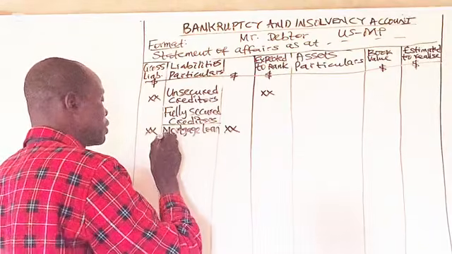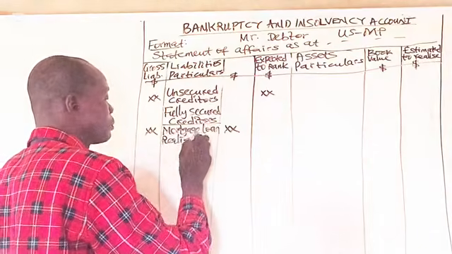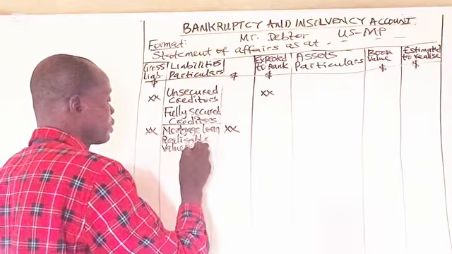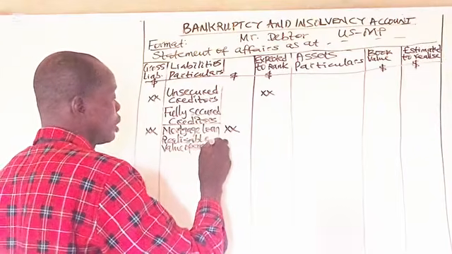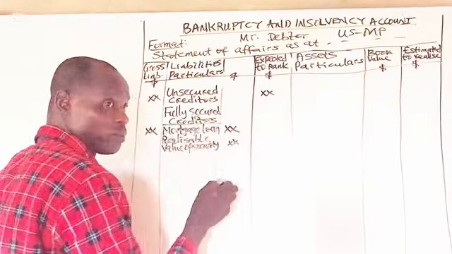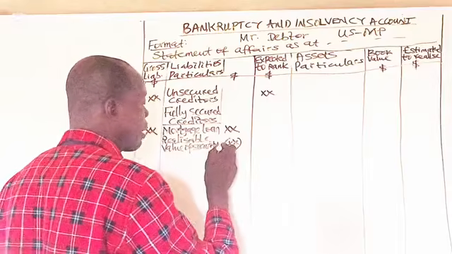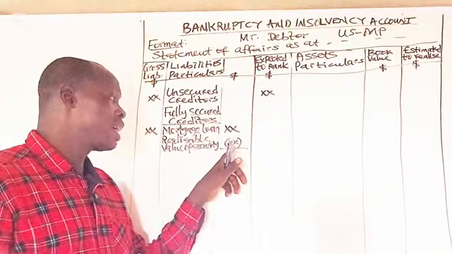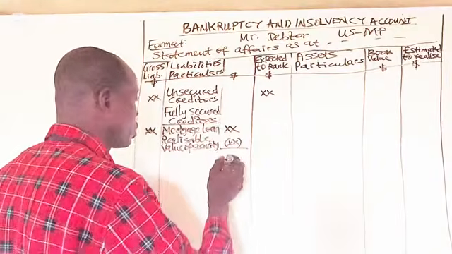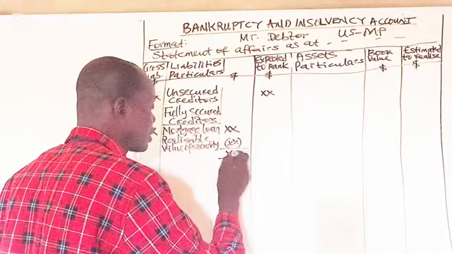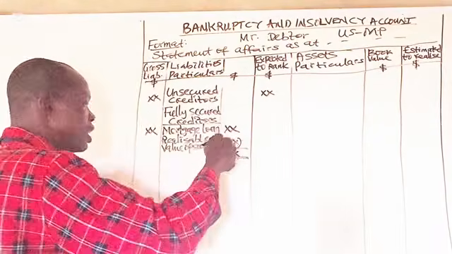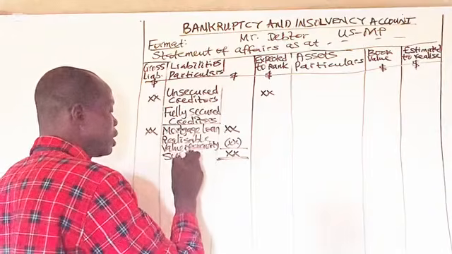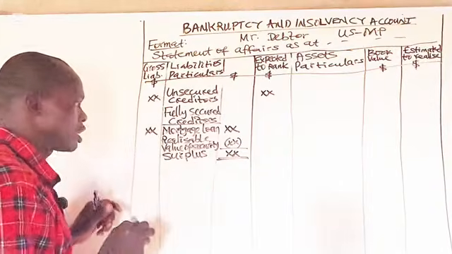Then realizable value of security, not the book value. For fully secured creditors, the realizable value may be greater than or equal to the loans. As a result, you have the surplus in the hands of fully secured creditors, if the realizable value is greater than the value of the loans.